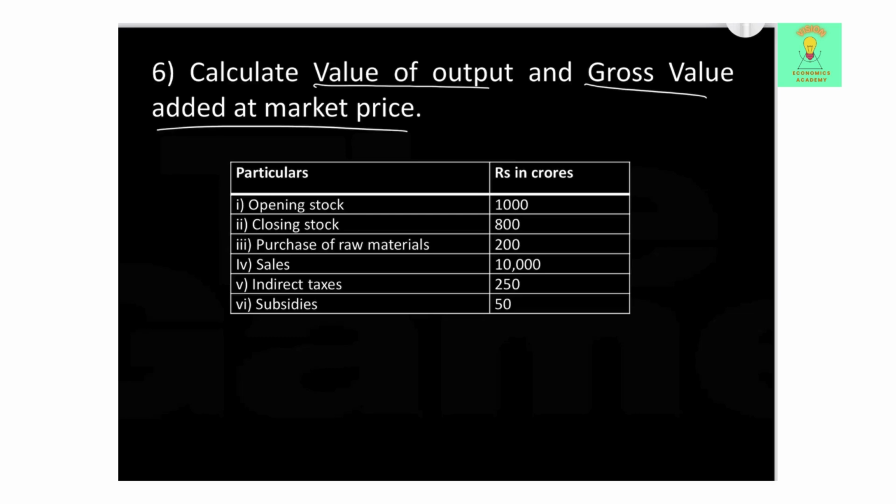Okay, so value of output is unknown and GVAMP is also not known, but what they have given here is these values: opening stock, closing stock, intermediate consumption, sales, indirect taxes, and subsidy. First we have to find value of output. Value of output, we know by now, it is sales plus change in stock. So sales plus change in stock is closing stock minus opening stock.